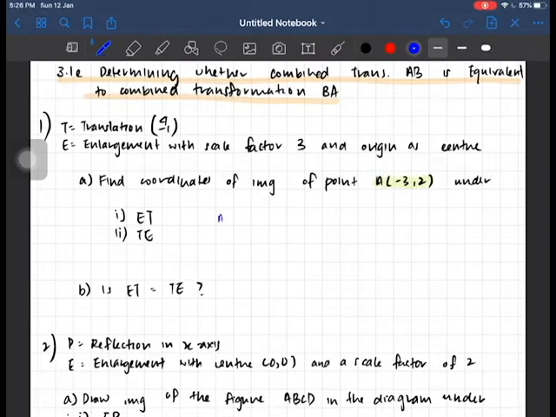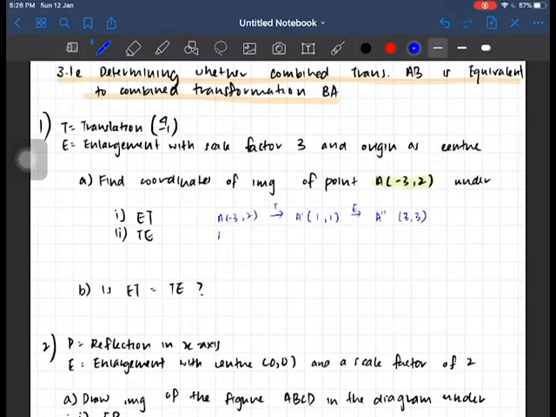T is translation for -1. We use just the things we learned just now. So 1, 1, and A prime, which is the enlargement with a scale factor 3, would be 3, 3.